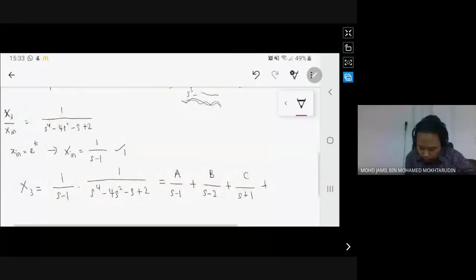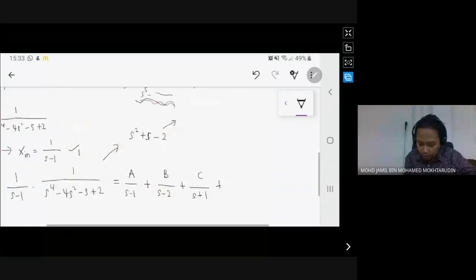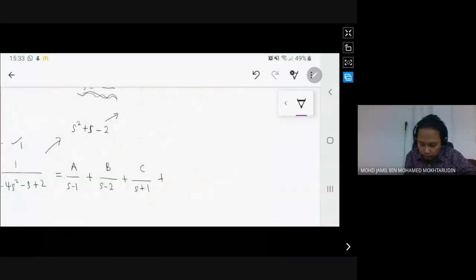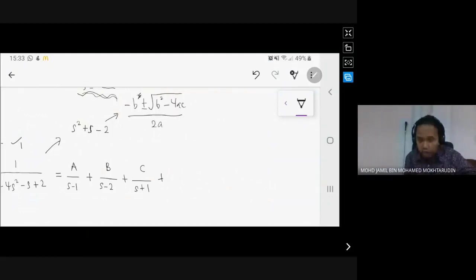Okay, so if you factorize these two, you'll get a remainder of S square plus 1 plus S minus 2. So here you can further factorize using a calculator. You can use the quadratic equation, minus b plus minus square root of b square minus 4ac, over 2a. Some of you, I think very few, maybe 1 or 2, used cosine and sine, like partial fraction method number 2.